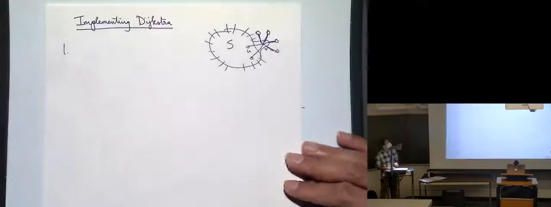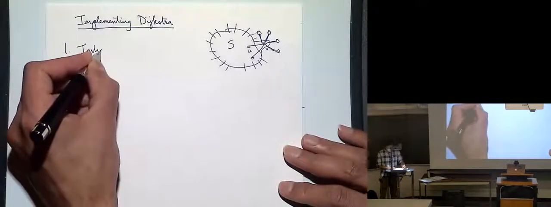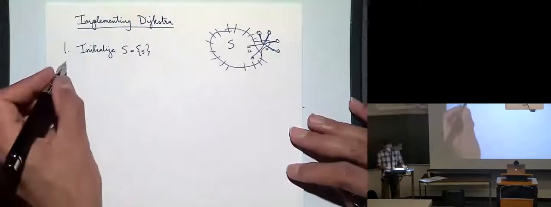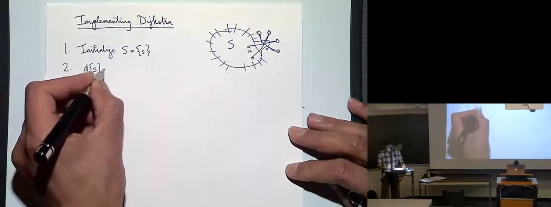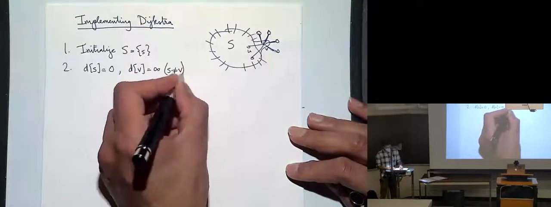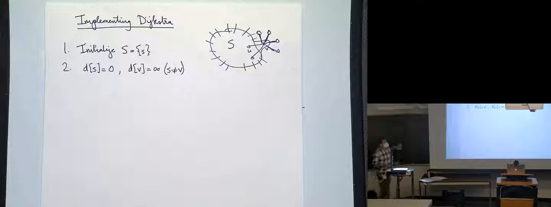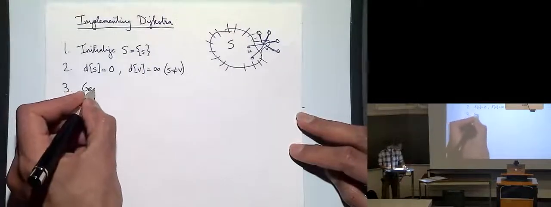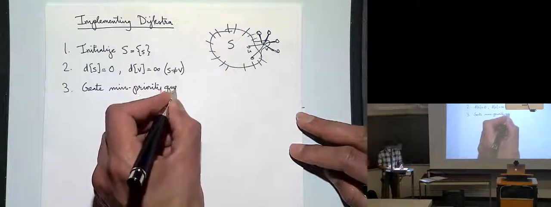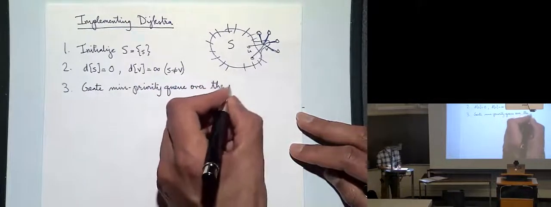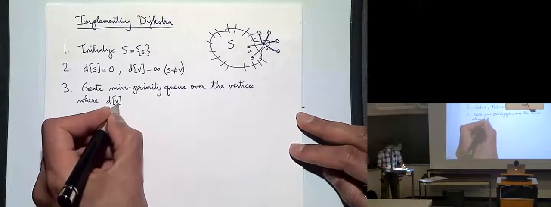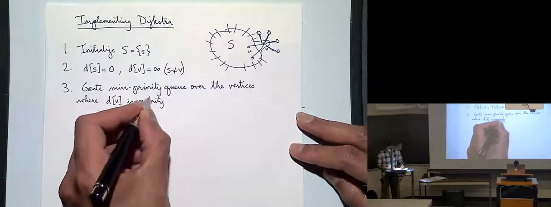So let me say, we'll initialize the set S to be the singleton vertex S. You set D of S equal to 0, and D of V equal to infinity for V not equal to S. And then you create a min priority queue over the vertices where dv is the priority.